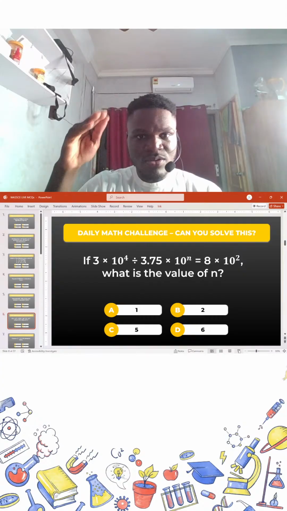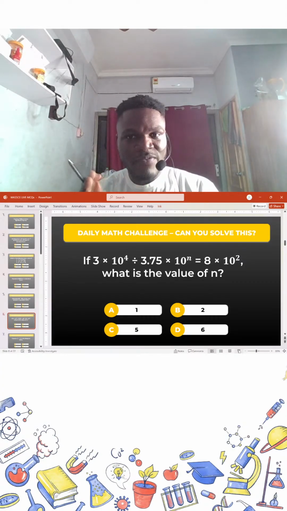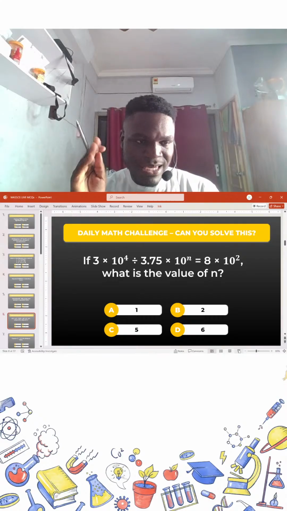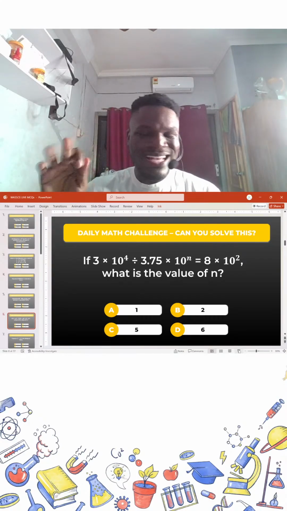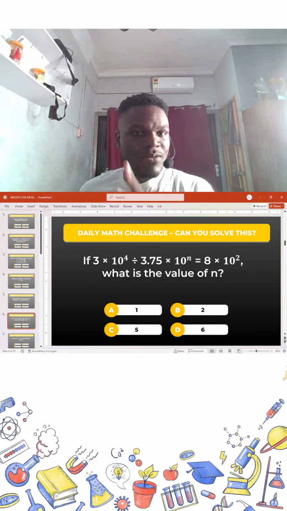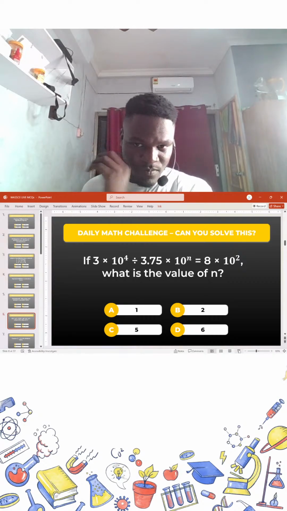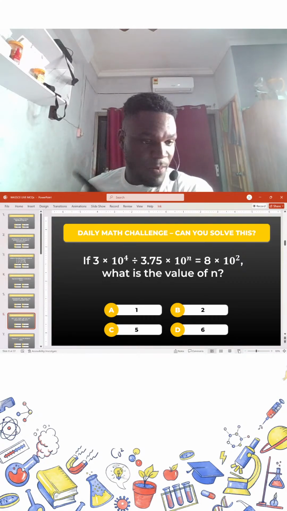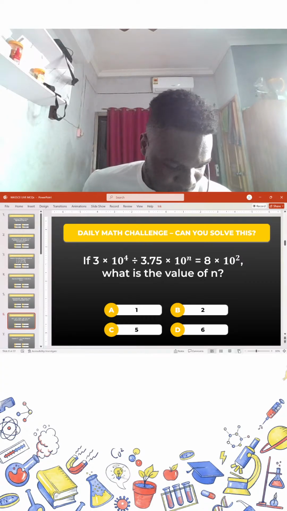So the 3 times 10 raised to the power 4 is at the numerator, and the 3.75 times 10 raised to the power n is at the denominator. That ratio is equal to 8 times 10 raised to the power 2. What is the value of n? That is the problem we have.